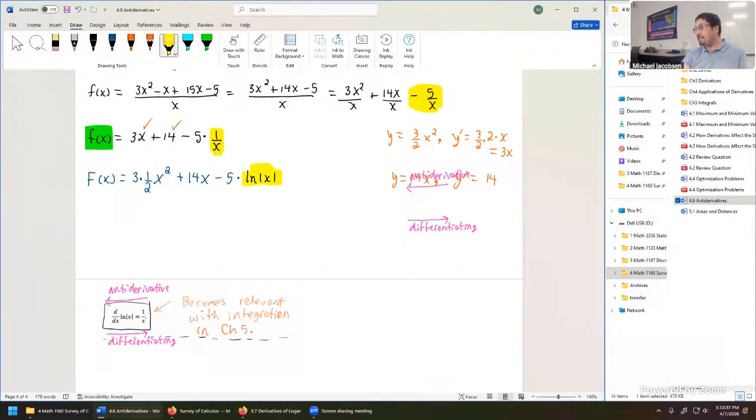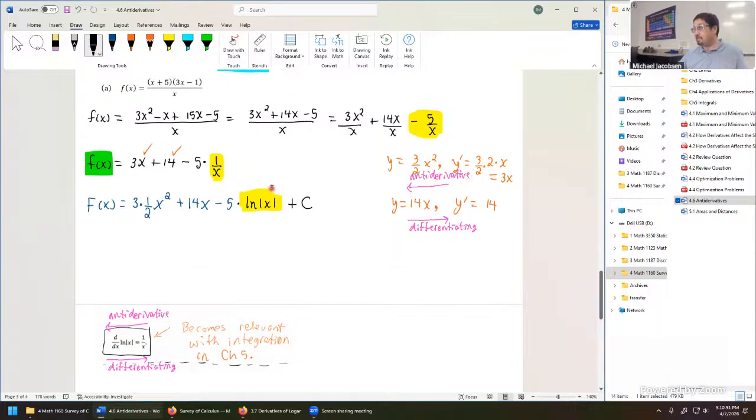I'll continue to highlight that in yellow just to convey that's where this really tricky part resolves as natural log x. And then the whole thing is finally complete once we add on the arbitrary constant of integration c.